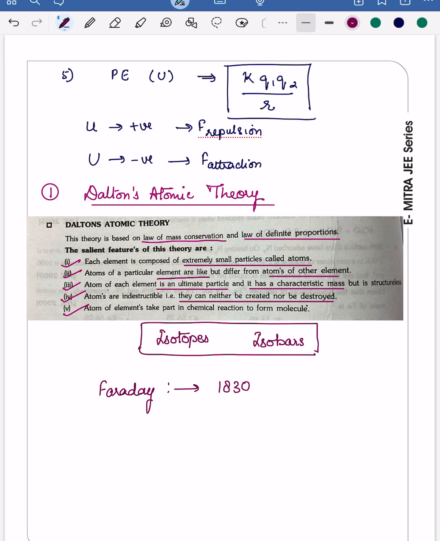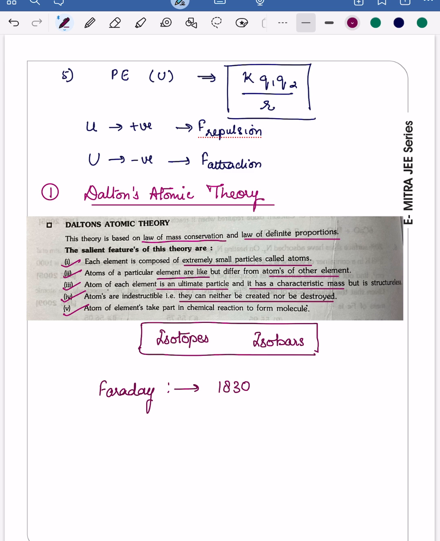Not only this, he also tried passing electricity through certain electrolytic solutions. And when he passed electricity through an electrolytic solution, he saw a lot of chemical changes happening there.